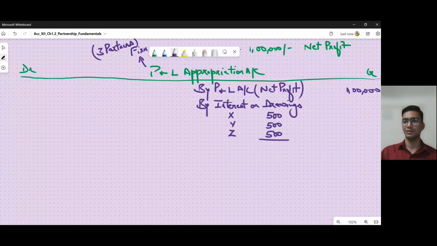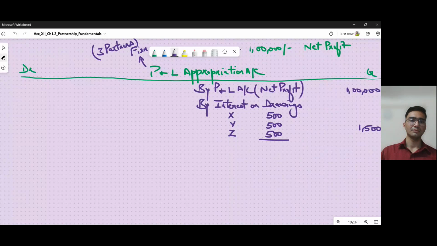So altogether they have withdrawn 1500. So interest on drawings will come on the credit side in my P&L appropriation account because it's related to the partners. Partners are paying you the interest on the drawings. So altogether now today you may have had 1 lakh plus 1500 rupees.